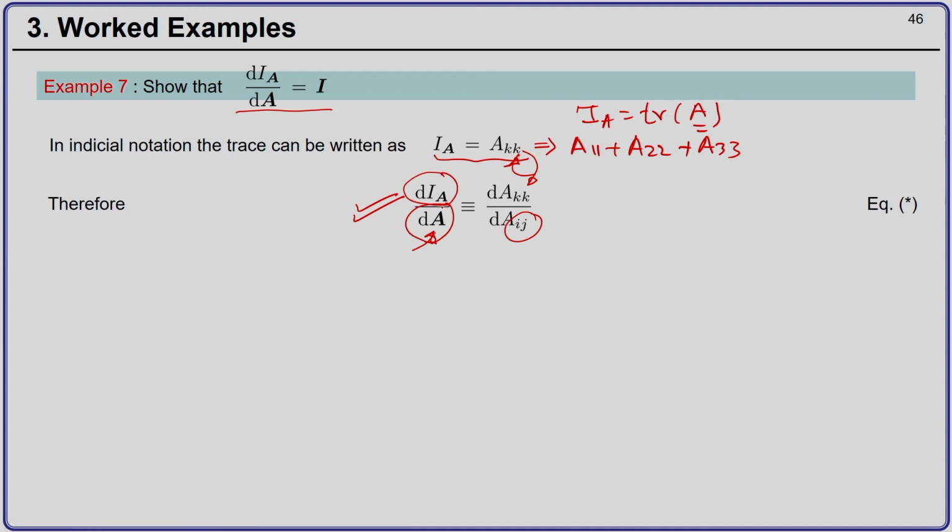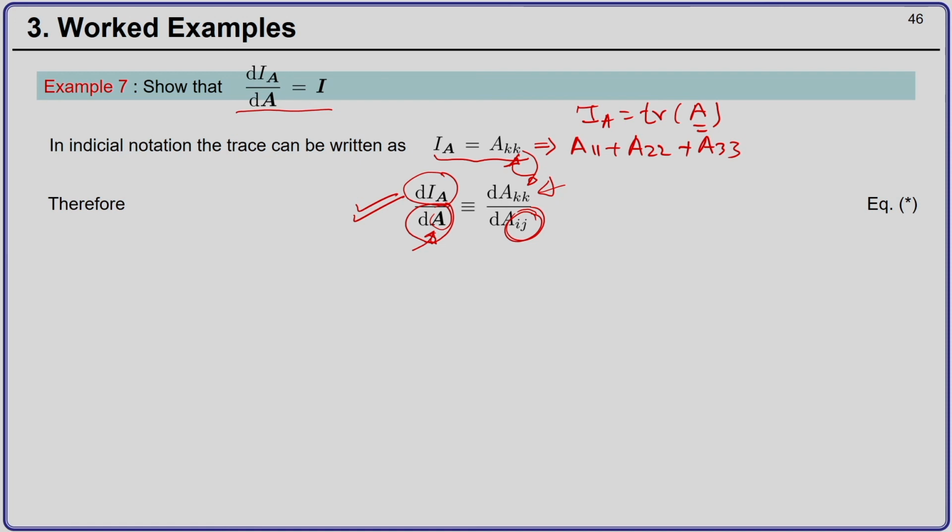In the denominator you have a second order tensor, so there will be two free indices. Because they are free indices, they will occur only once, so for the other indices we should have some other symbol. So, we have chosen k. So, we have dA_kk by dA_ij.